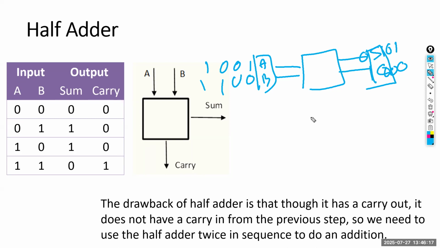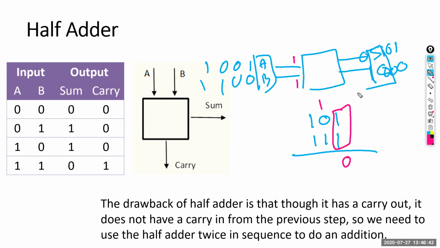For example, when you add these two numbers, say 1 plus 1. So this is 1, this is 1. So the sum is 0 and carry is 1. Because 1 plus 1 is 2, 2 you can't keep. You are giving to the next level. Next level means carry.